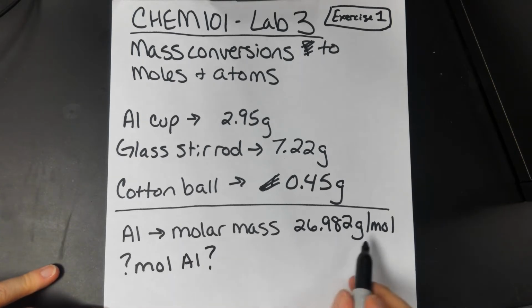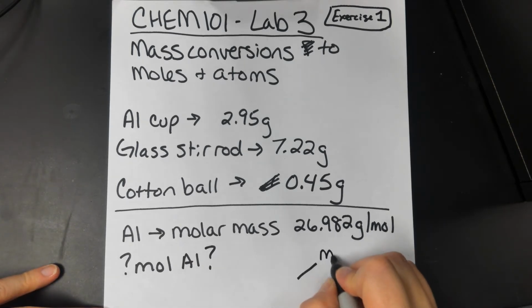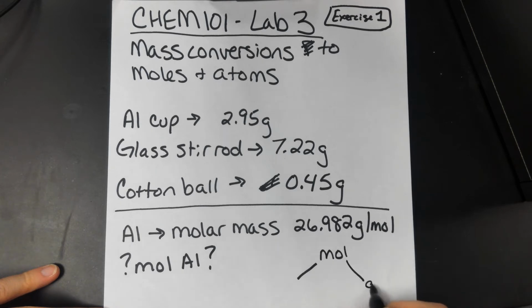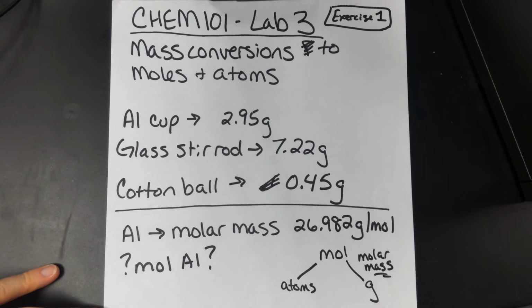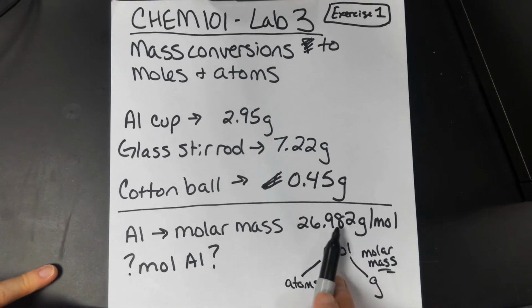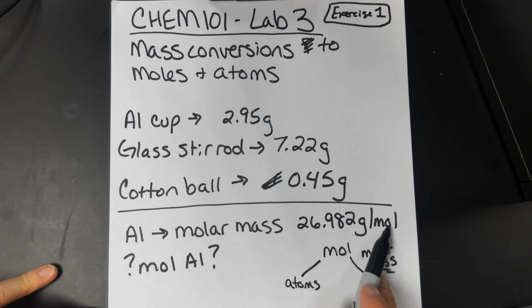So to go from grams to moles, remember our molehill? To go from grams to moles, you use the molar mass. And I have the molar mass. So if I have molar mass in grams per mole and I want to end up with moles, I put mole at the top.